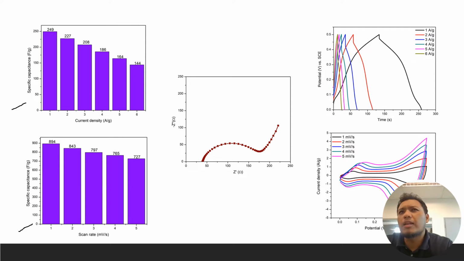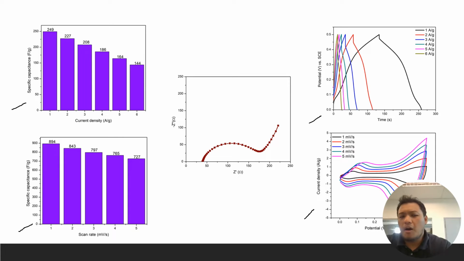You cannot determine whether it is a pseudo-capacitor or battery type. The only important things are the graphs, which are the GCD, the galvanostatic charge-discharge curve, and the cyclic voltammetric curve.